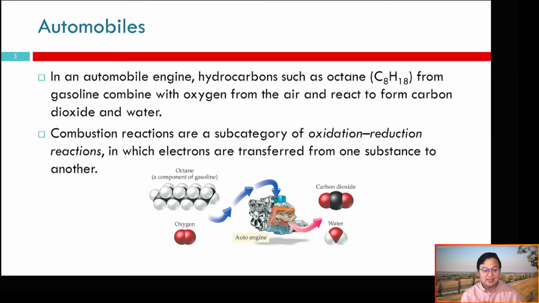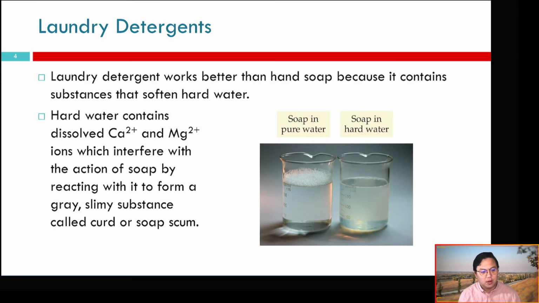And that also releases a lot of heat. And that heat causes pressure, which pushes your pistons, and gives us the internal combustion engine. But combustion reactions are a subcategory of oxidation reduction reactions, in which electrons are transferred from one substance to another. And again, we'll definitely get more in depth on these as we go on.